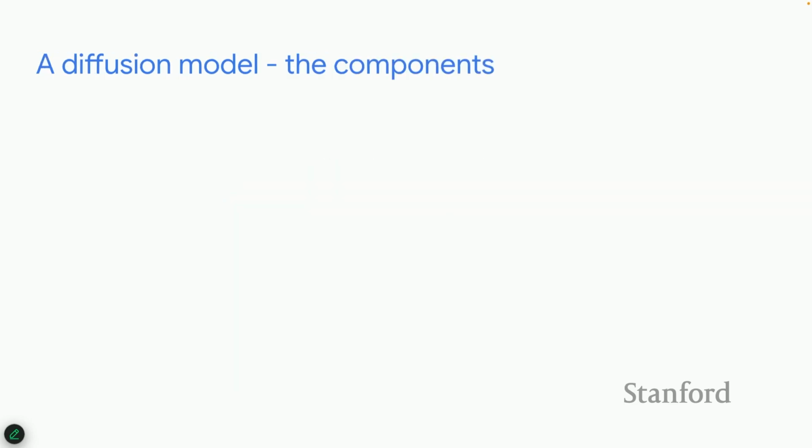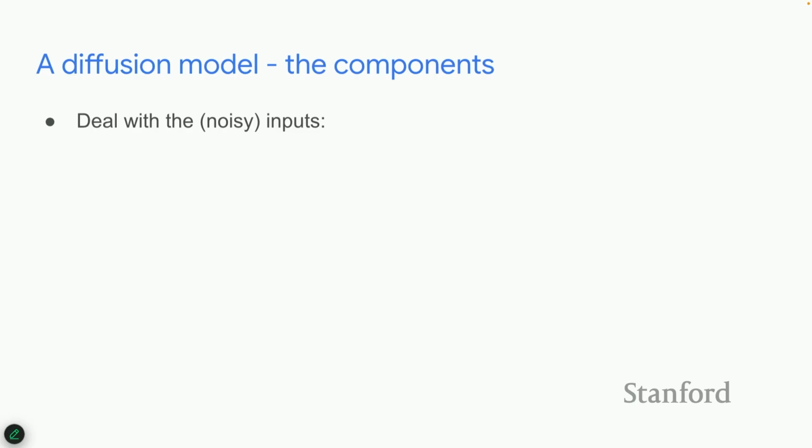Let's now start discussing the components we might need, the components that are expected in a diffusion model. What are the core requirements that we want a diffusion model to have so that it performs within some bound of expectations? So we have to figure out a way to deal with the noisy inputs.